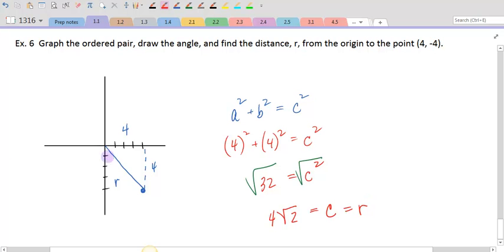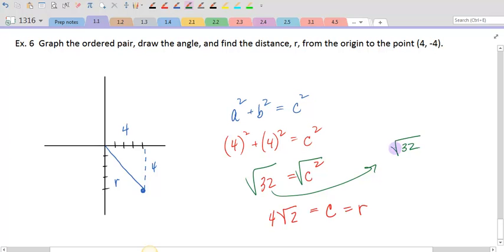I know then that the distance r from the origin to this point here is 4 square roots of 2. Now, just as a side, if you don't remember how to simplify the square root of 32 and get 4 square roots of 2, we will be doing a lot of simplifying radicals in this course as well.